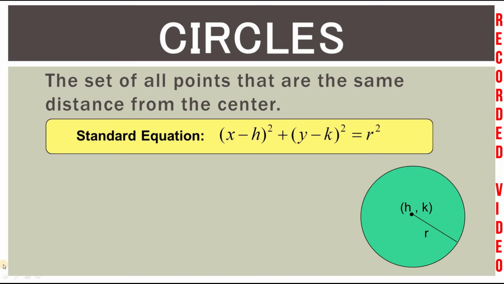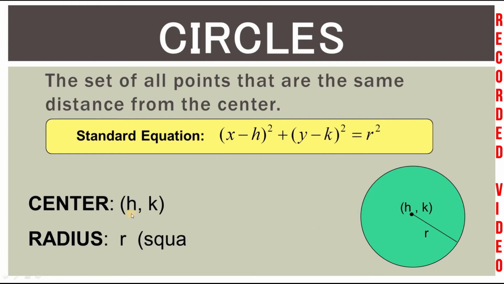As you all notice, we have the variables h and k. What is it? It represents the coordinates of our center, while r is our radius. Take note, we should get the square root of r squared to identify the radius.